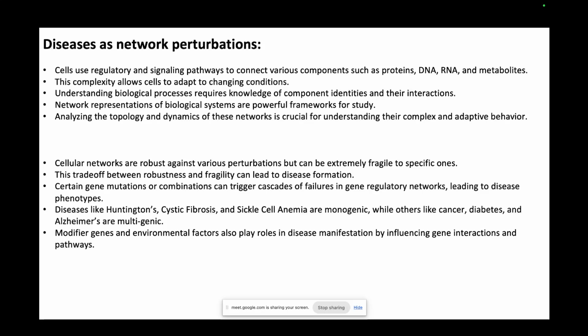You can imagine these conditions as ones where the network is very robust. These diseases are not formed if you just mutate one particular gene at one particular position. Other factors, such as modifier genes and environmental factors, also play a role in disease manifestation by influencing gene interactions and pathways. So you can have both sides of the coin. There are examples for both ends, but depending on what you want to do with the system, you can exploit it in that way.